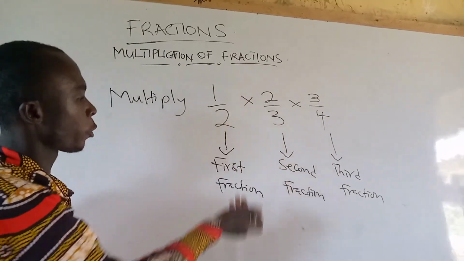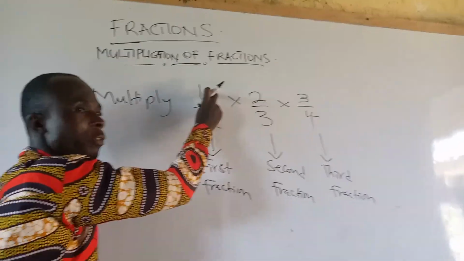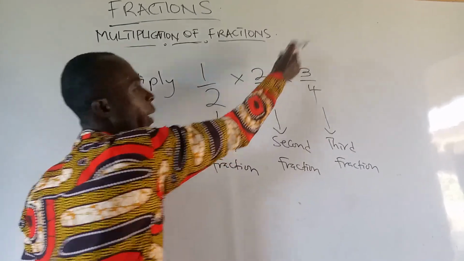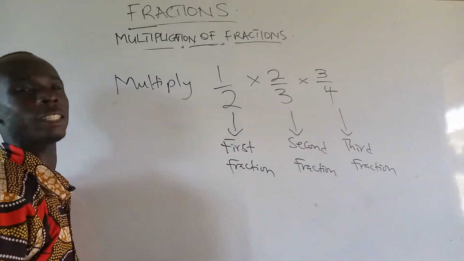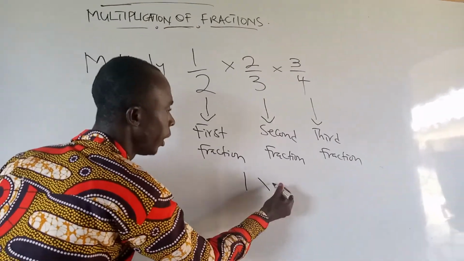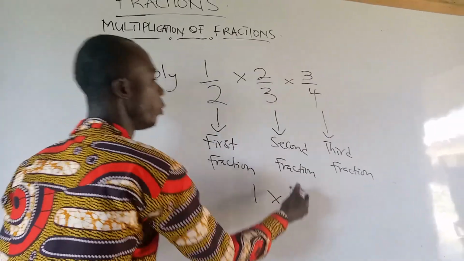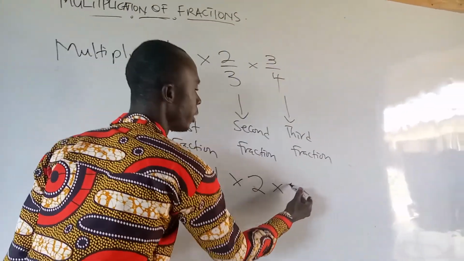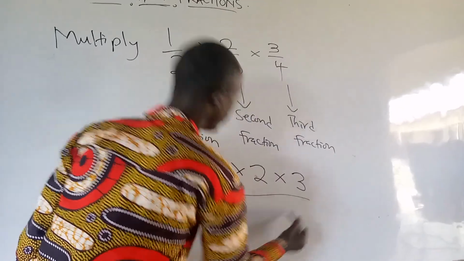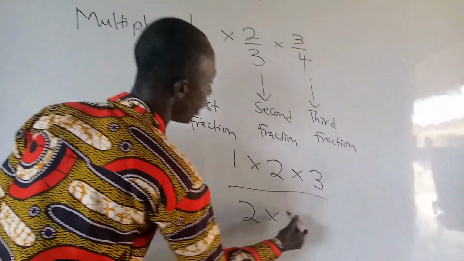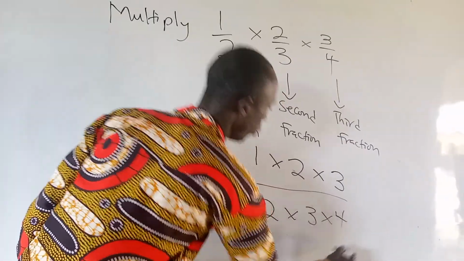To solve this one, you multiply the numerator of the first fraction by the numerator of the second fraction and also by the numerator of the third fraction. So we have 1 times 2 times 3, and you pick their denominators, 2 times 3 times 4.